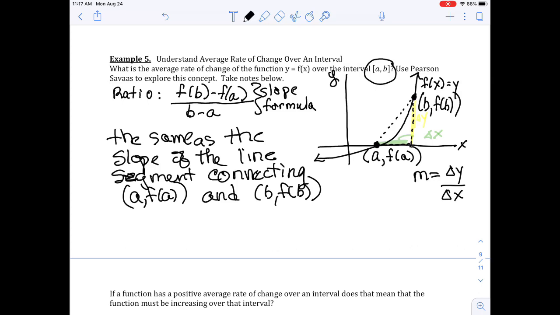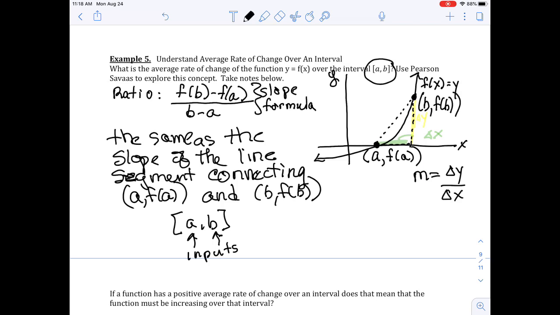So when you're asked to find the average rate of change, you are going to be given the equation for the function. It's going to ask you to find it over a certain interval. So this interval A, B, these are like your x's. So these are your inputs.